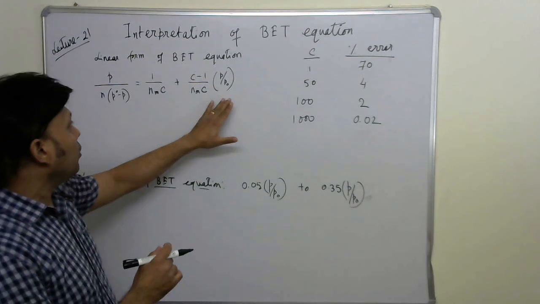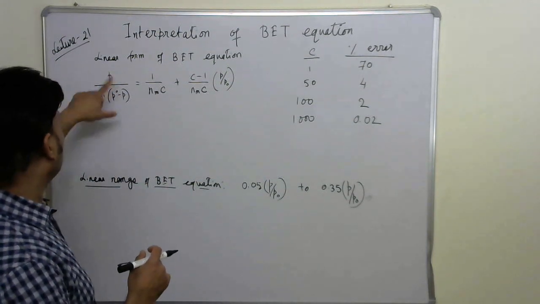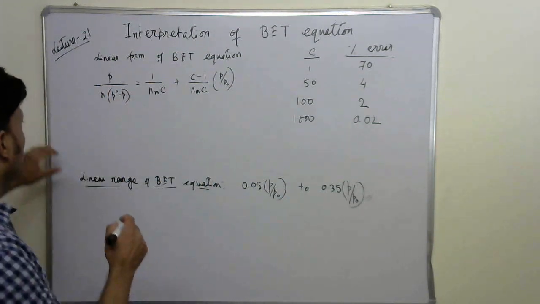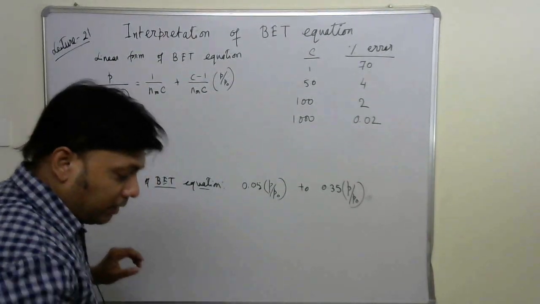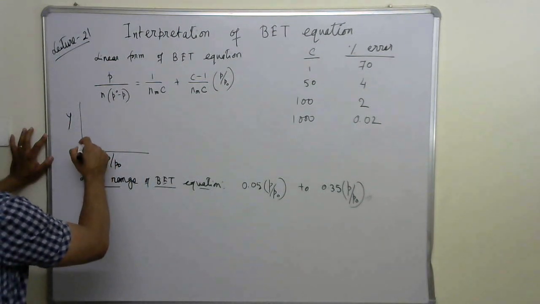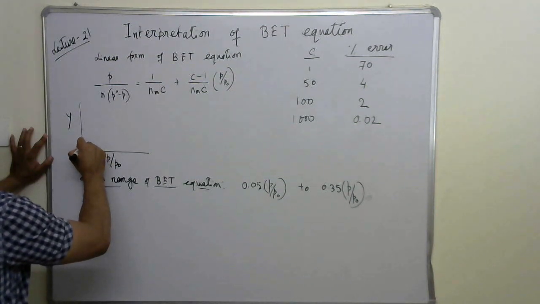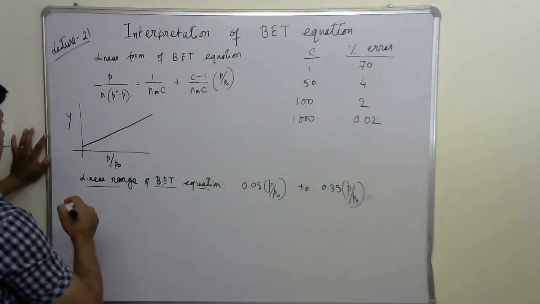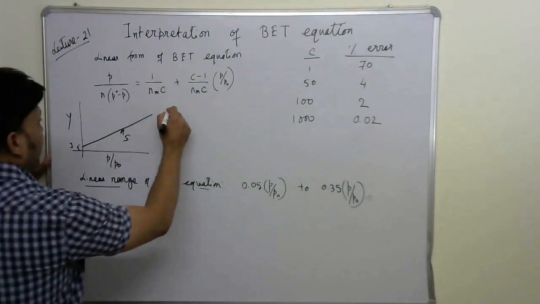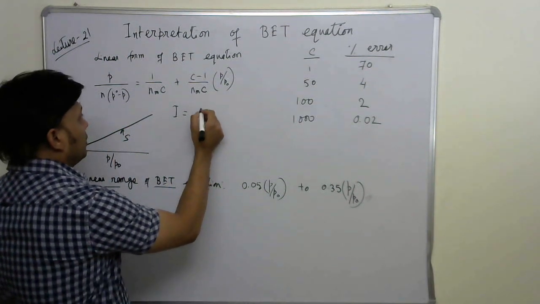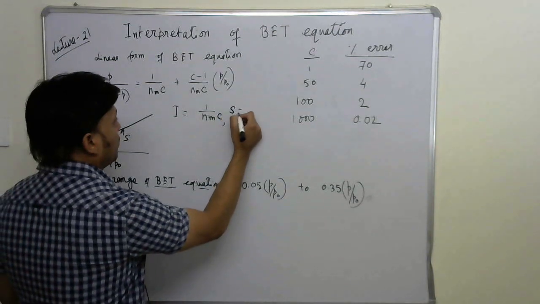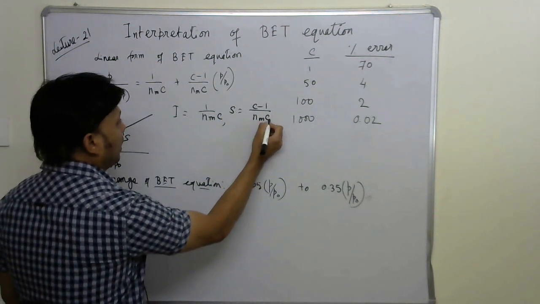If we plot P over P naught versus this quantity, P divided by n whatever, taking this as Y and this as X, it will form a straight line like this, and the intercept we call I and the slope S. The intercept I is 1 over nm multiplied by C, and the slope is equal to C minus 1 divided by nm multiplied by C.